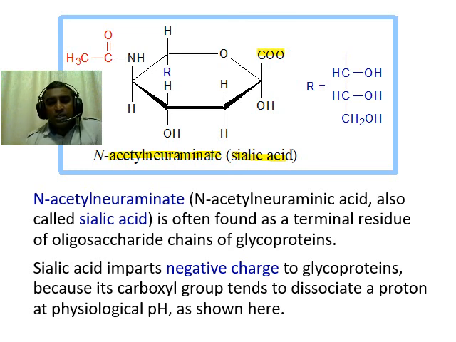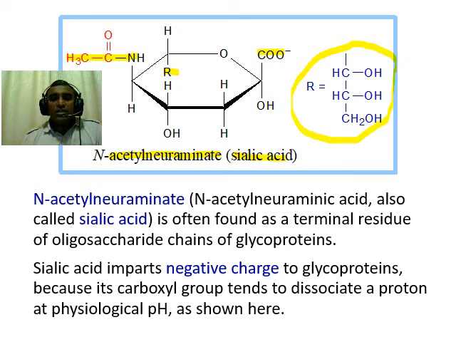And this sialic acid, apart from the carboxylic group, it also has the N-acetyl and also the R group here, some complex structure given, and it is known as sialic acid or acetyl neuraminate.